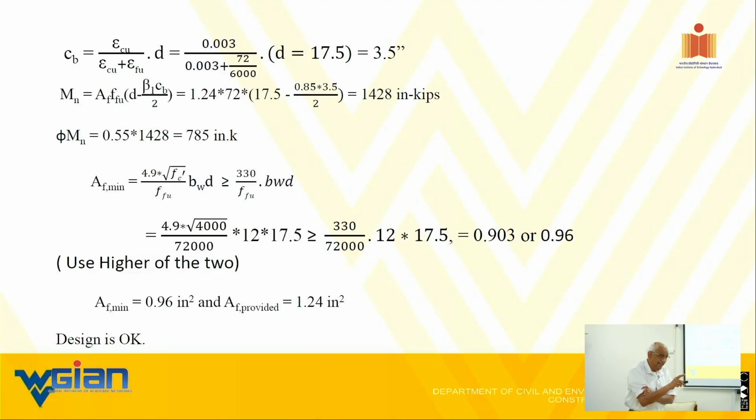Not only that, you have to go through combination 1, combination 2, combination 3, 4, 5. That's why you keep that chart in your mind. So anyway, the straight answer to your question is phi Mn should be larger than M sub u of different load combinations, inclusive of the load factors. That is the answer to your question.